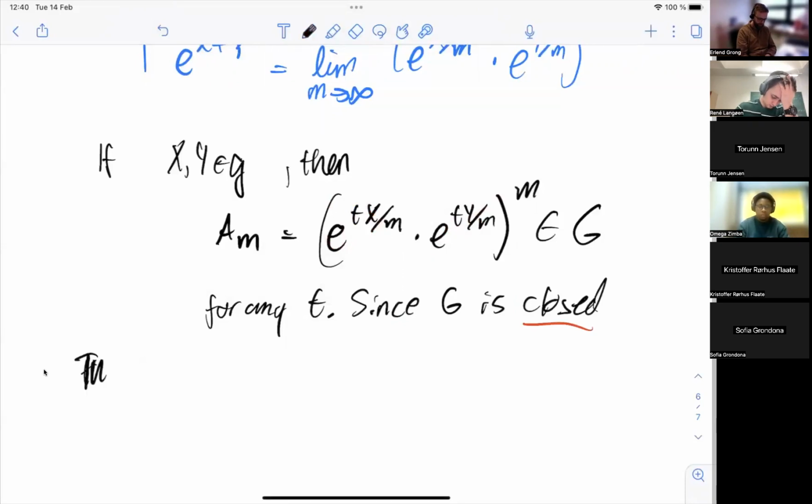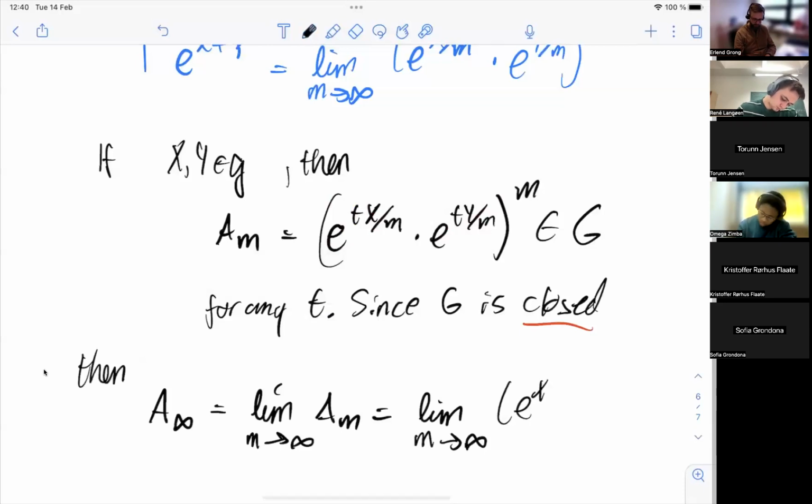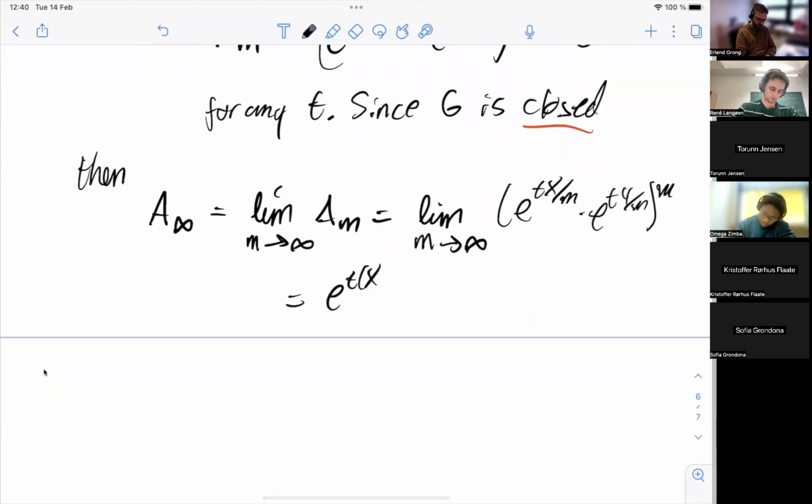Then a infinity, which is the limit as m goes to infinity of a_m, which is the limit as m goes to infinity of e to the tx divided by m, e to the ty divided by m, to the power m. This will then be equal to e to the t(x plus y), which will then be in G.